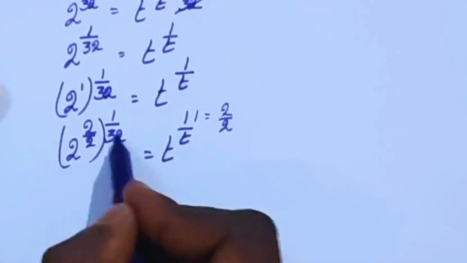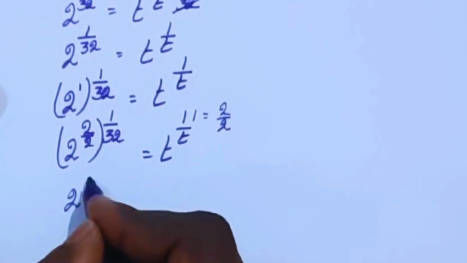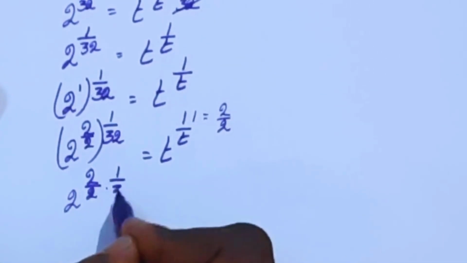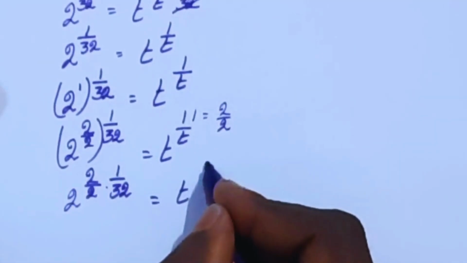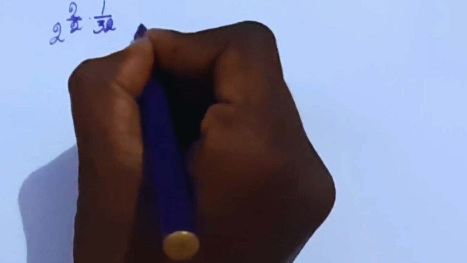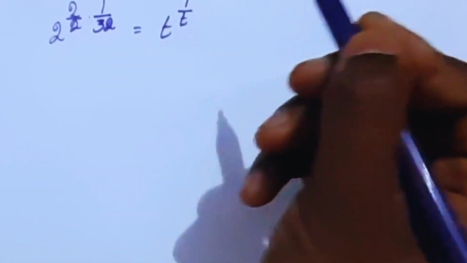Now we are going to apply this exponent identity, so 2 power 2 by 2 times 1 by 32 equals t power 1 by t.